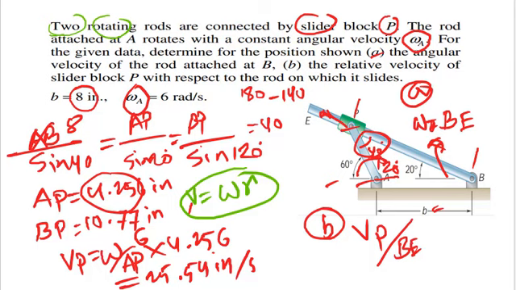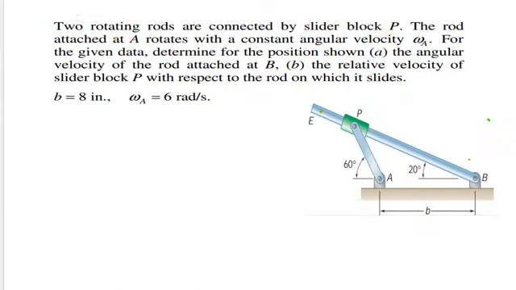Now, because we have to know the angular velocity, we have to find out, because it will be movable, right? It is movable, so that means there is some motion. It will change the position with respect to time.